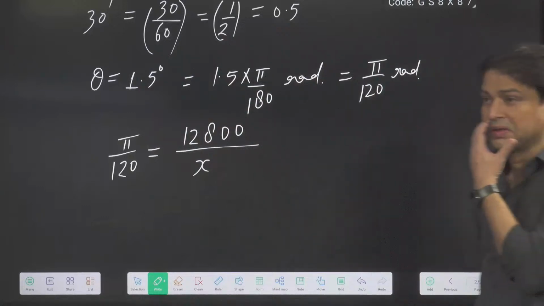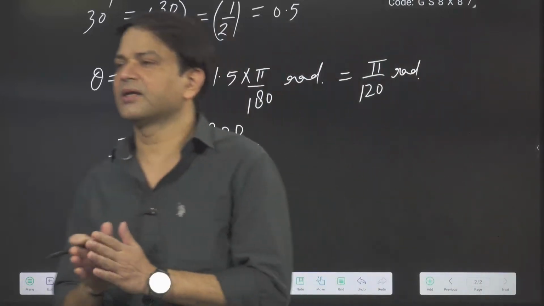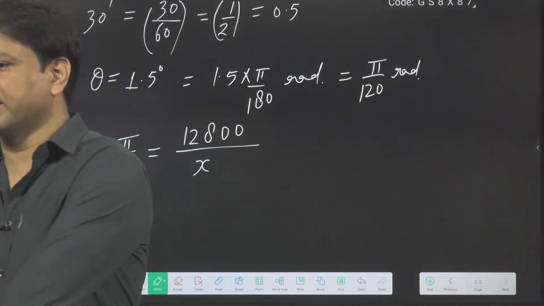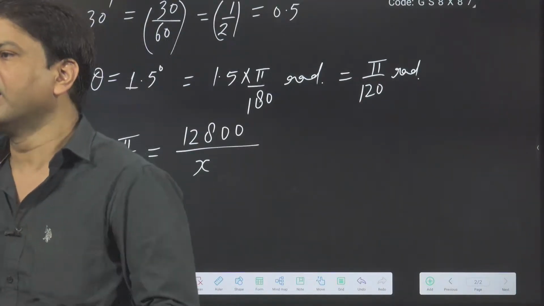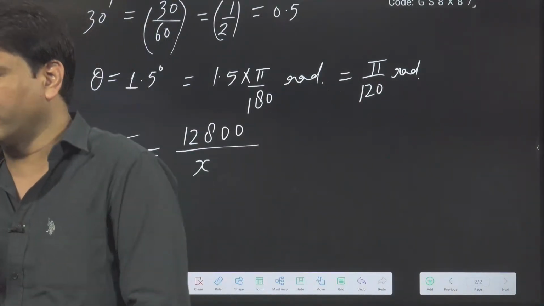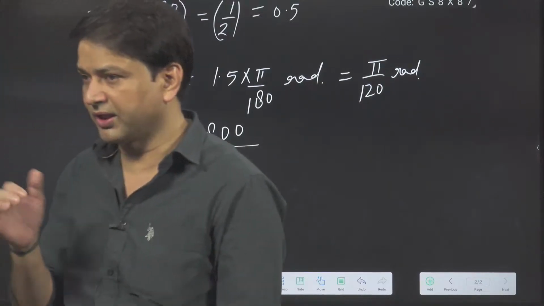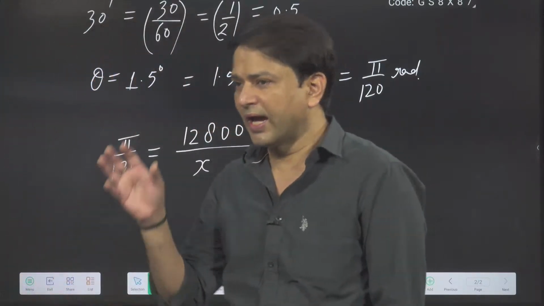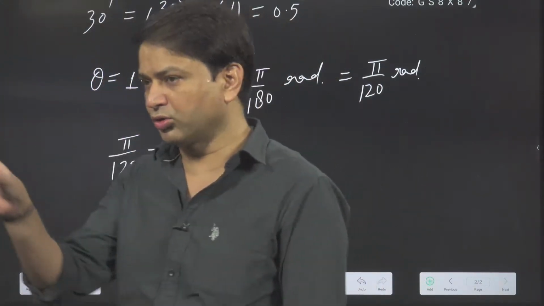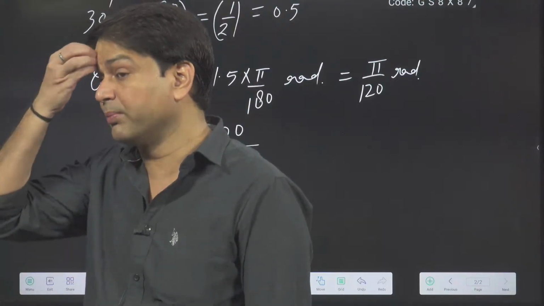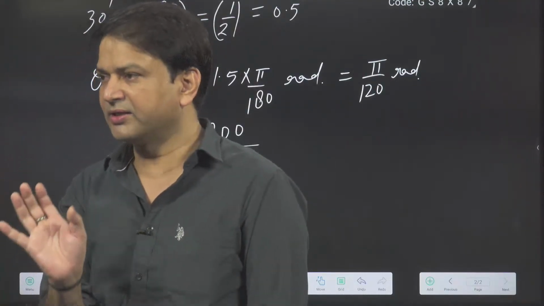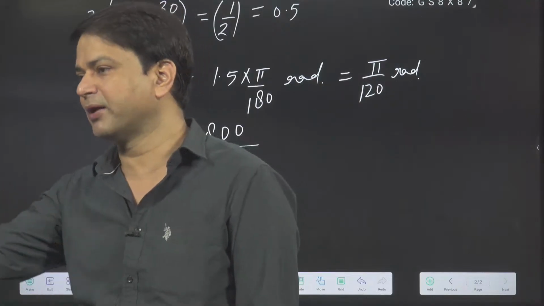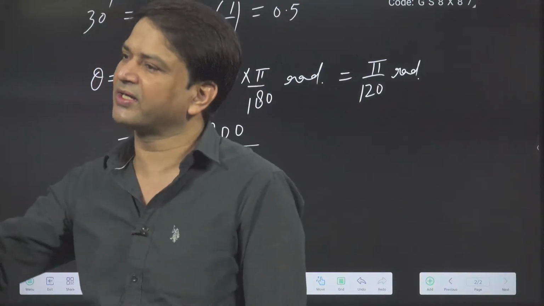Once again, we have discussed this in basic mathematics: how to convert degree into radian and radian into degree. If you have to convert degree into radian, any angle they give in degree, the multiplication factor is pi by 180. When you multiply the angle in degree with pi by 180, you get the angle in radian.